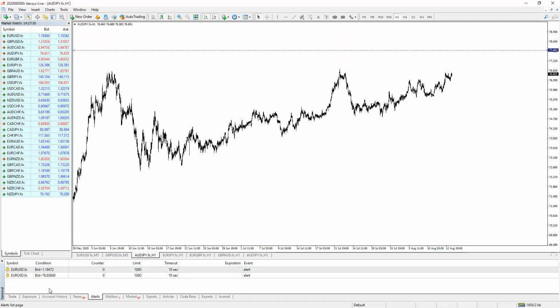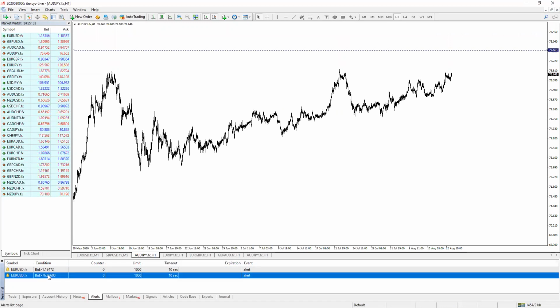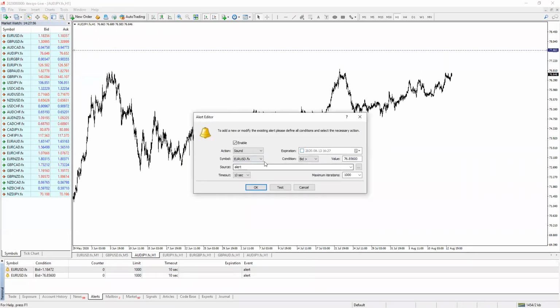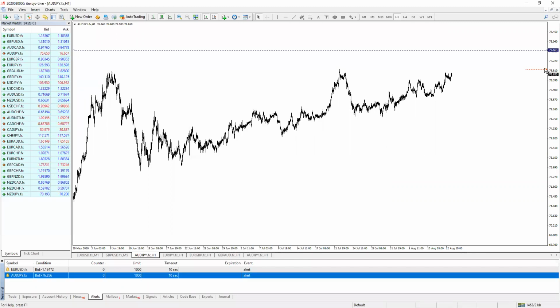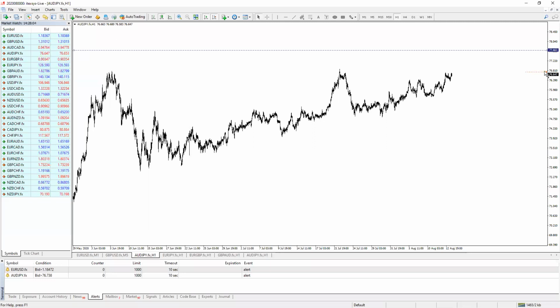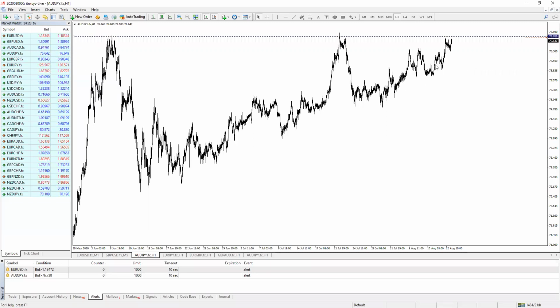Where's that alert? Oh, it's the OZN. OZN, where are you? Right here. Okay, so if price goes a little bit there, once price goes there, I want to hear the beep and just take another look at the reaction.